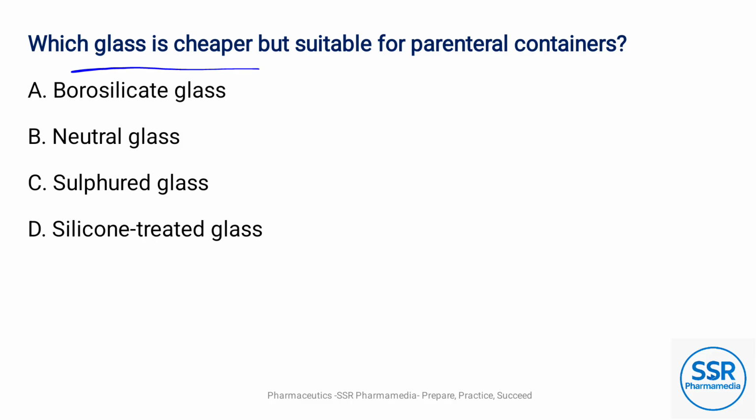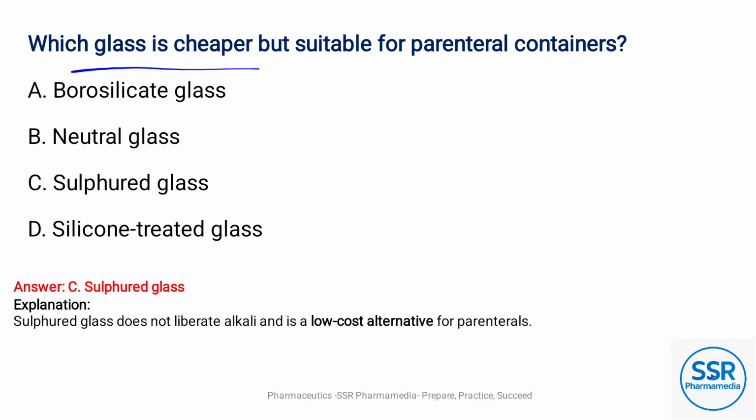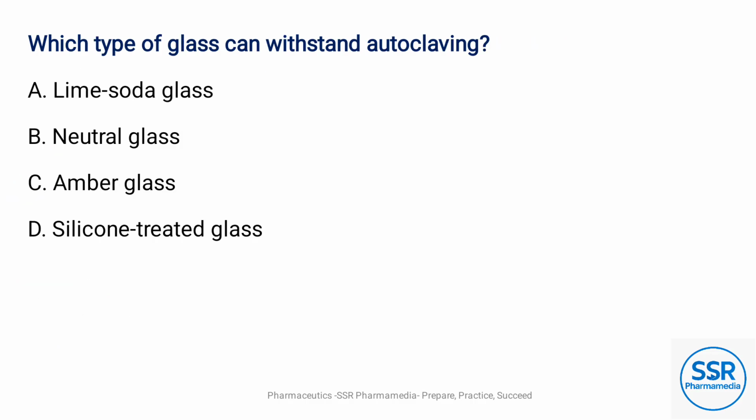Which glass is cheaper but suitable for parenteral containers? Option C, sulfured glass. Sulfured glass does not liberate alkali and is the lowest cost alternative for parenterals.